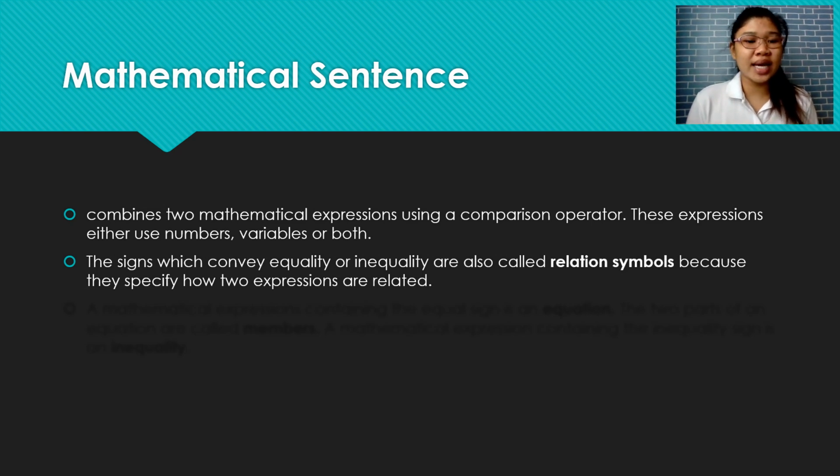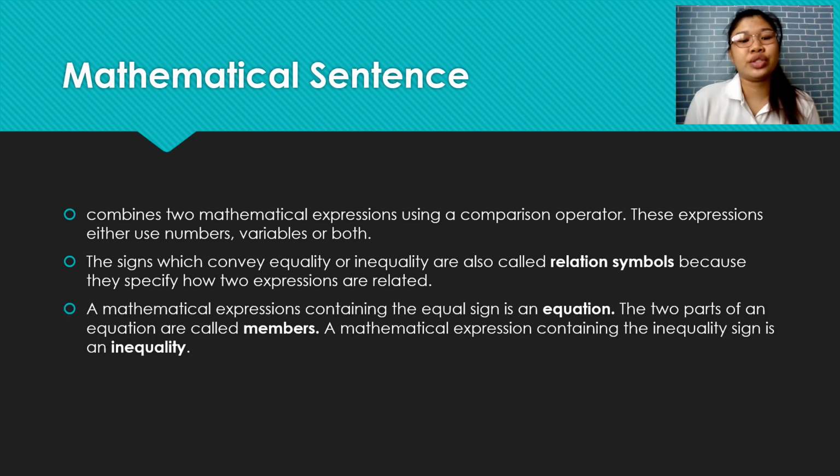The signs which convey equality or inequality are also called relation symbols because they specify how two expressions are related, or they highlight the relationship of two major expressions.